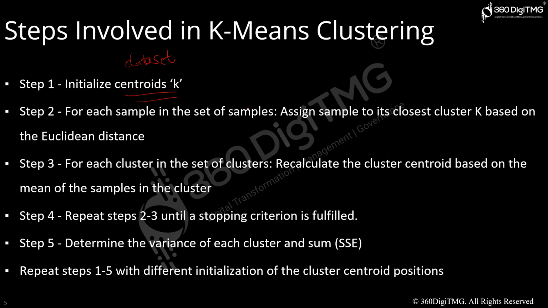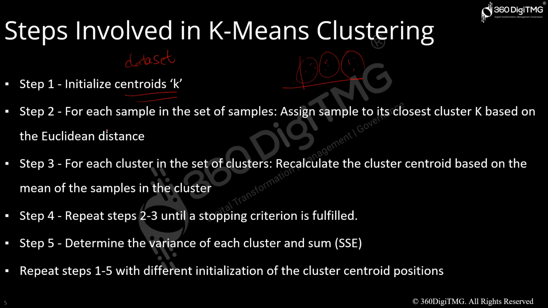After initializing the centroids, for each sample in the set of samples, assign the sample to its closest cluster K, based on the Euclidean distance. As we saw in our data set, we had some points here and they were grouped into the clusters.